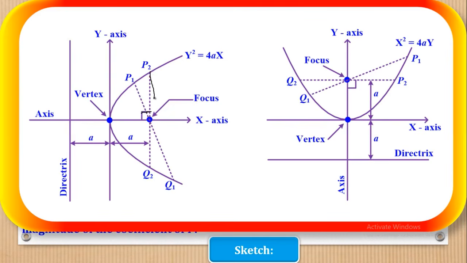So this one is a focal chord, but because it is perpendicular to the x-axis, it becomes a latus rectum. Similarly here, this one is a focal chord, but because it is perpendicular to the y-axis, it becomes a latus rectum.